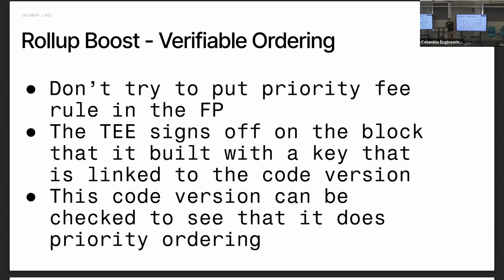The ordering is first come, first served. For us, it's no priority ordering over first come, first served. There are some interesting things around UniswapX and some of our auction mechanisms where priority ordering is interesting and helpful. Could this theoretically be run faster than the Ethereum blockchain? Yes, I have a whole section on that.